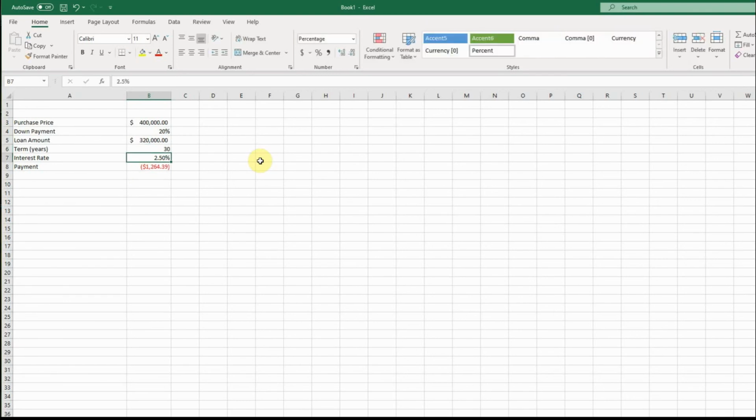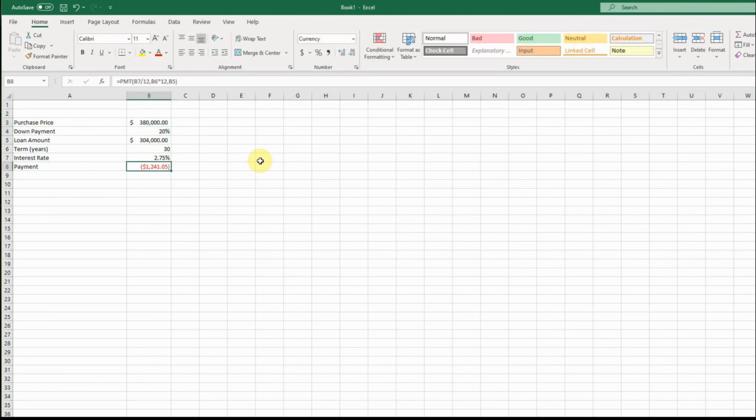You can look at it and see, okay, instead of 2.5, we'll say 2.75, and what have you. Or you can work your purchase price down and say 380,000. So you can play around with these different numbers.